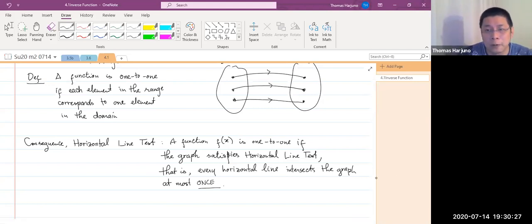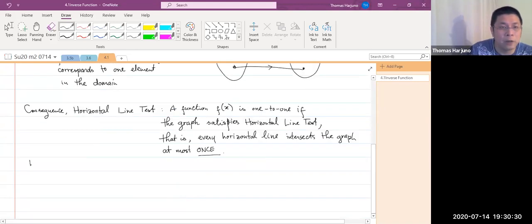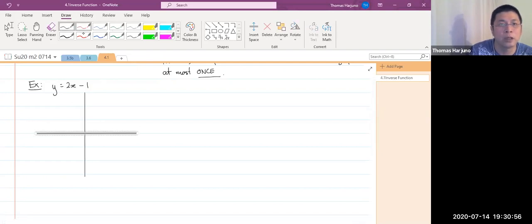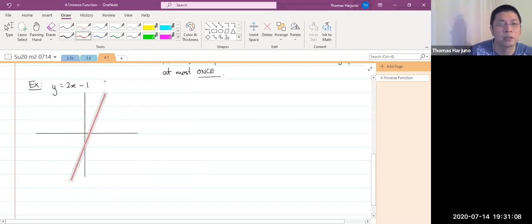For example, the graph of every linear function whose slope is not zero, let's say y = 2x - 1. So this is the coordinate system, and the graph is something like this.